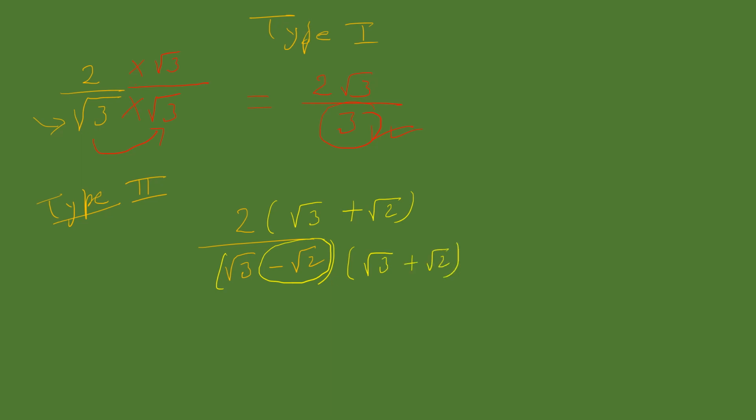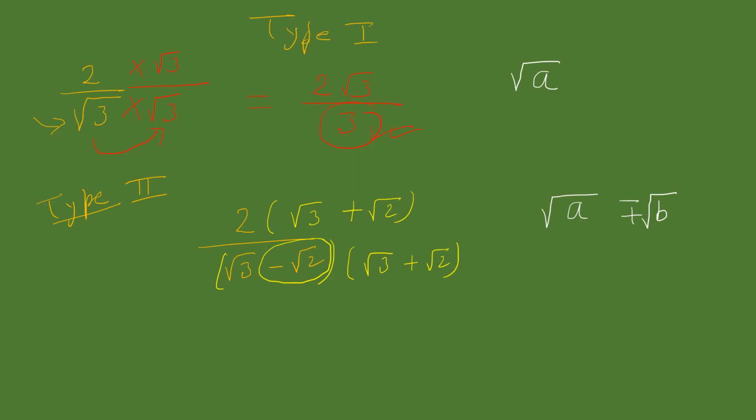In general, the rationalization factor for type 1 is under root a. For type 2, the rationalization factor is a minus plus under root b. And why have I written minus plus?